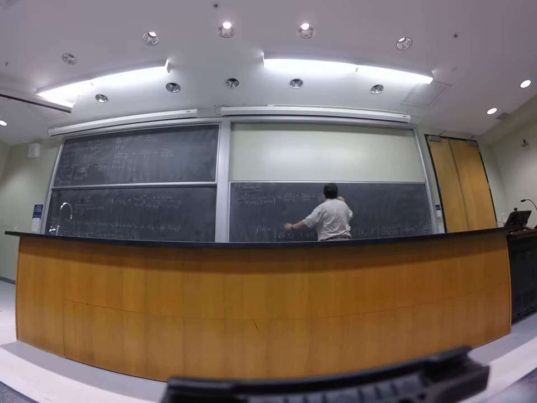This has multiplicity 3, C31 over S plus 3.4 plus C32 over S plus 3.4 squared plus C33 over S plus 3.4 cubed. With me, that's the partial fraction expansion.